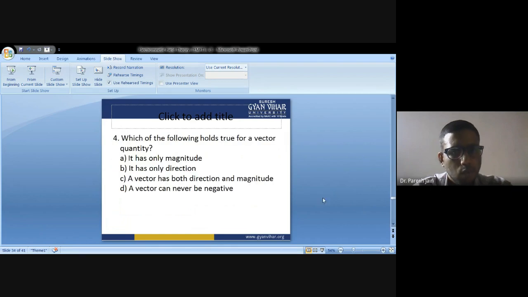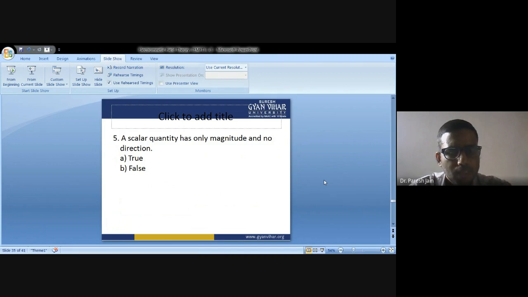Which of the following holds true for a vector quantity? It has only magnitude, it has only direction, a vector has both direction and magnitude, a vector can never be negative. A scalar quantity has only magnitude and no direction. We have two options, true or false.